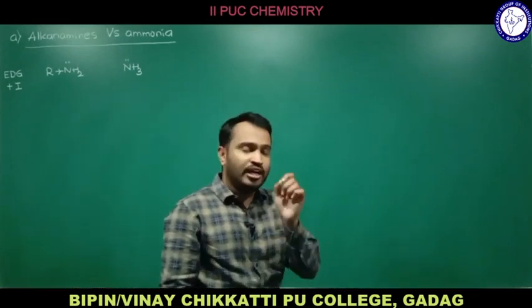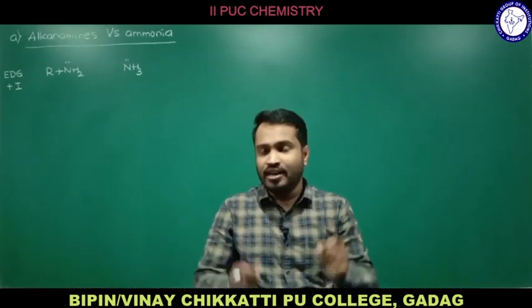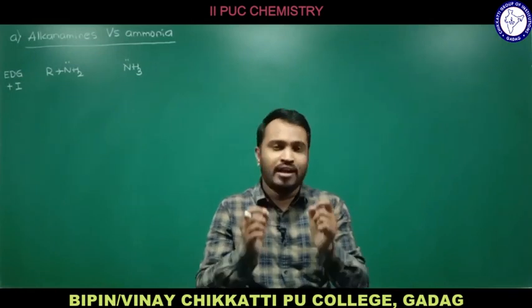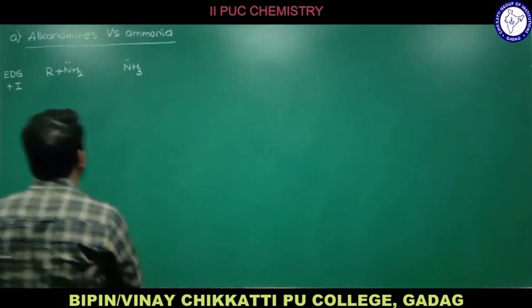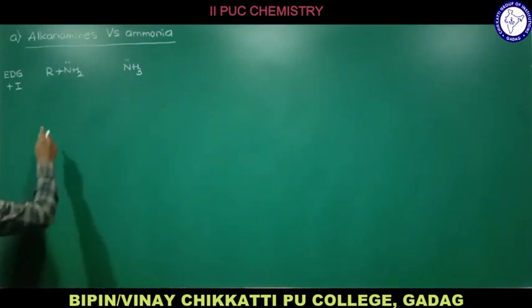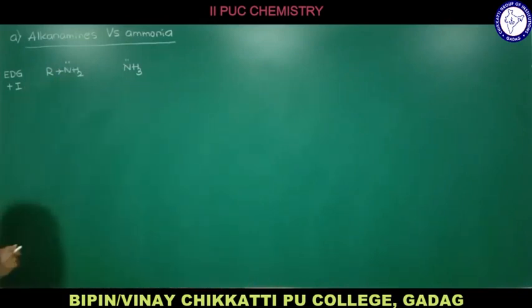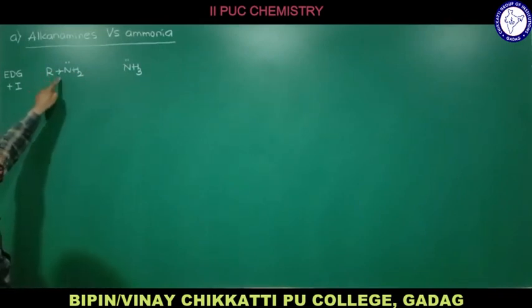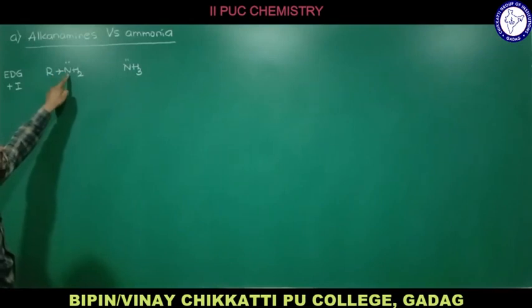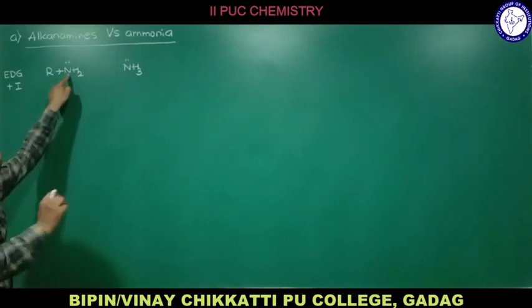Due to the positive inductive effect, the alkyl group, an electron donating group, is going to donate or give electrons to the nitrogen. Nitrogen already has a lone pair of electrons, and this alkyl group is also going to donate electrons, so the electron density on this nitrogen increases.